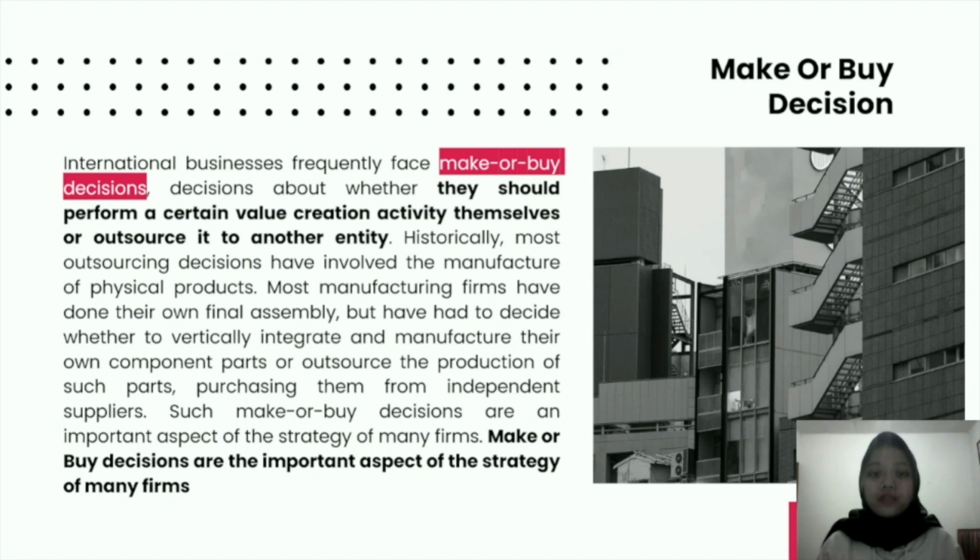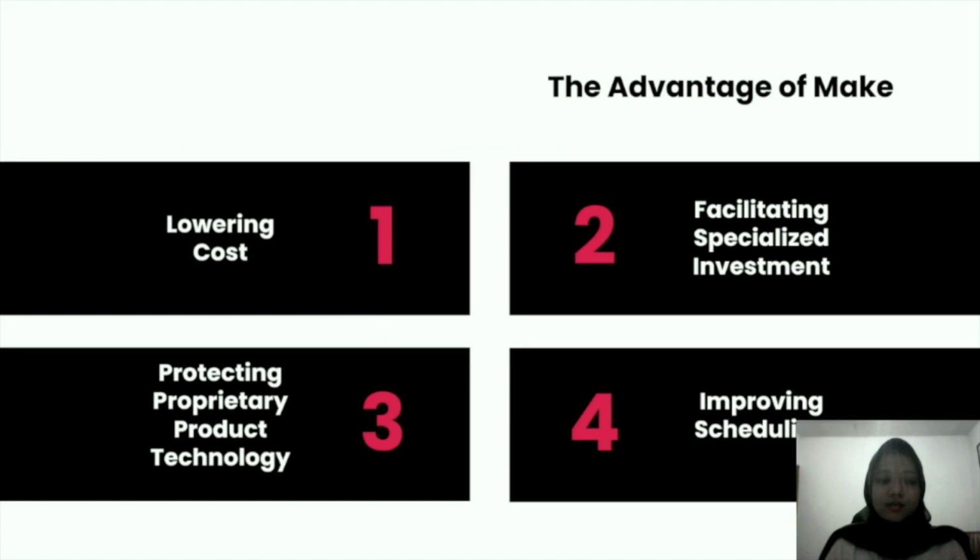Most manufacturing firms have done their own final assembly, but have had to decide whether to vertically integrate and manufacture their own component parts or outsource the production of such parts, purchasing them from independent suppliers. Such make or buy decisions are an important aspect of the strategy of many firms.